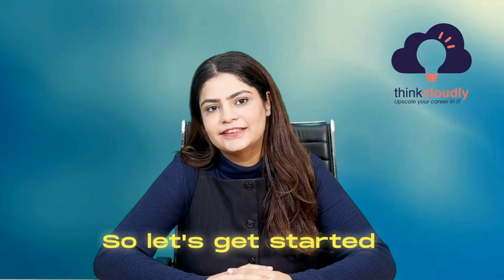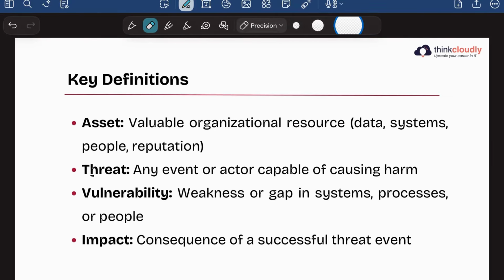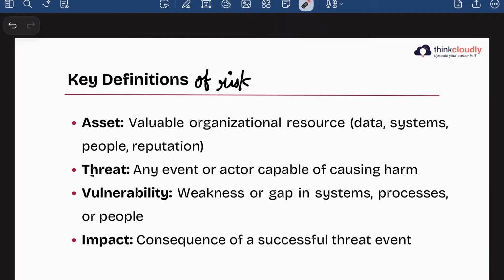So let's get started. We are going to talk about the fundamentals that revolve around risk first, which are vulnerability, threat, and risk. Anything that has risk should have these components. It should have an asset involved, because obviously, whatever we hold or organizations hold valuable is what we protect, right?